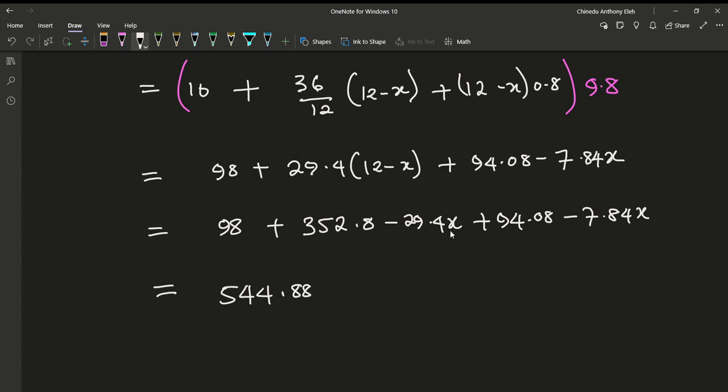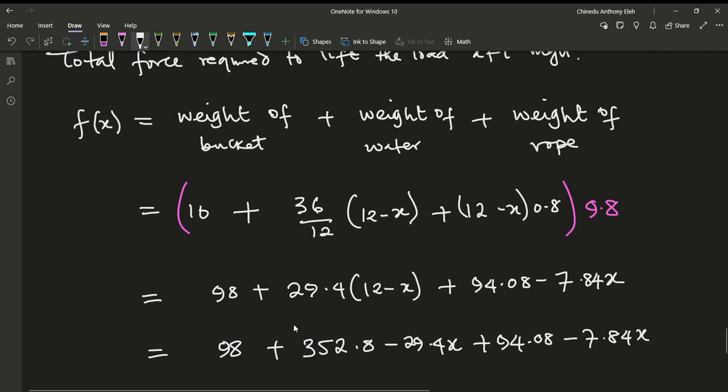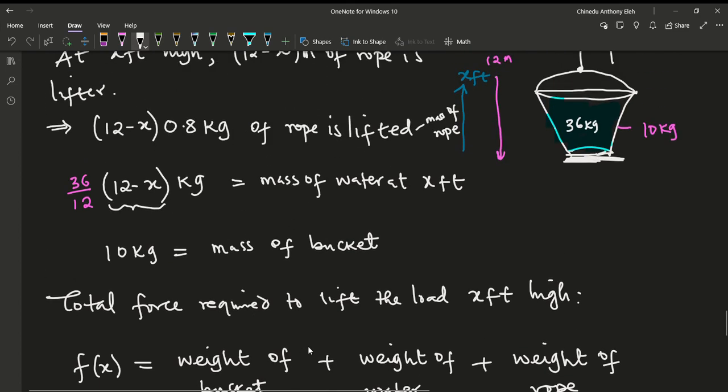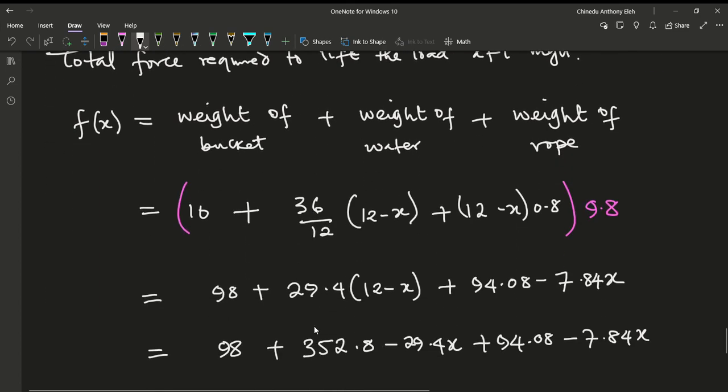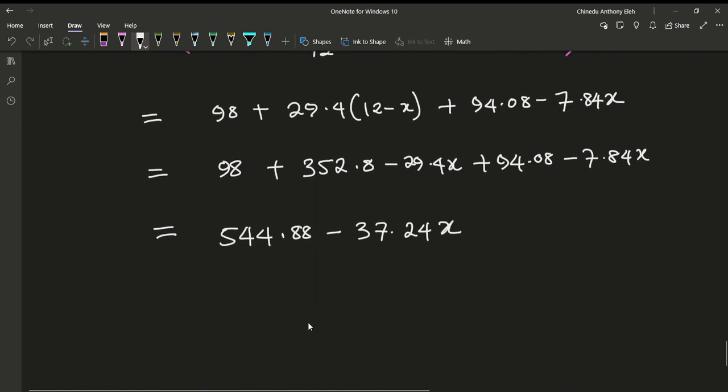The x terms: negative 29.4 plus 7.84 is 37.24x. Interesting. So this is the total weight, or force, required to pull the weight x feet high.